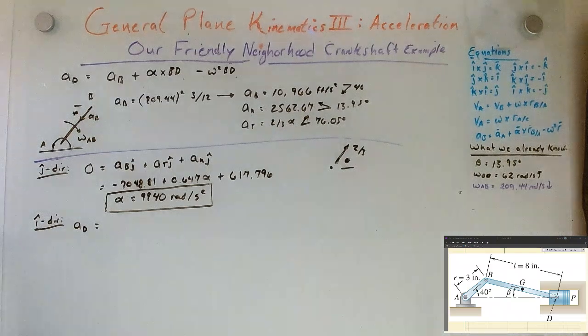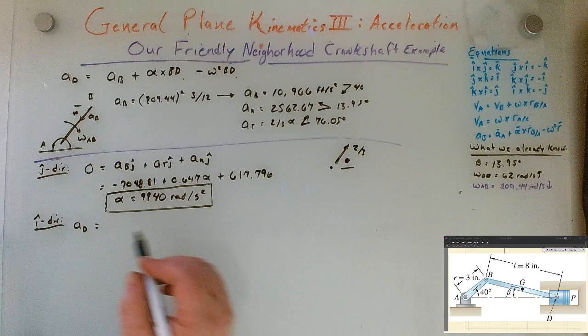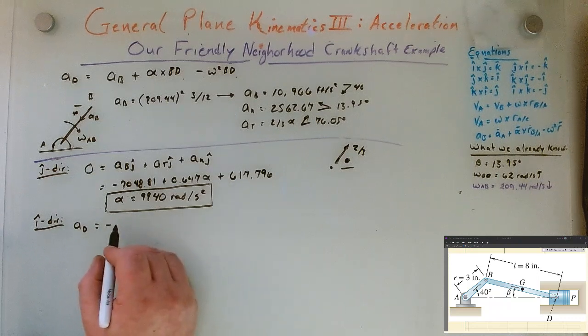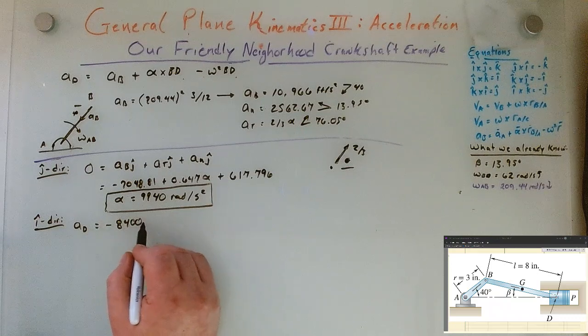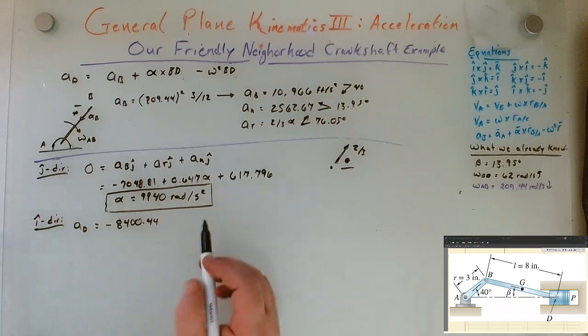So 10,966 times the cosine of 40 degrees. So that is minus 8400.44.